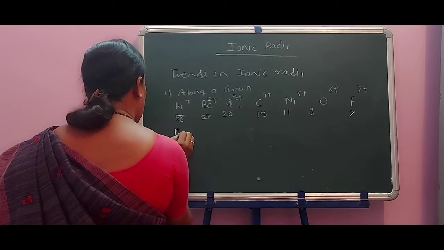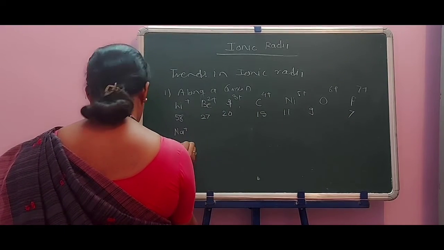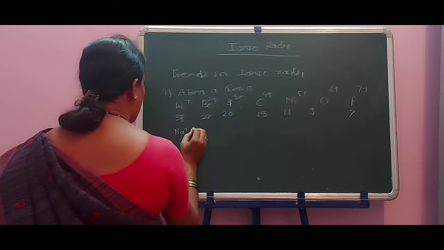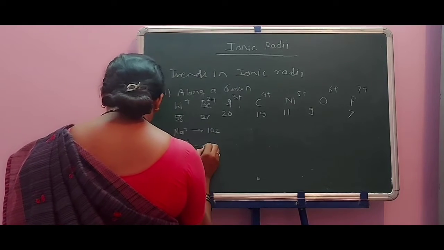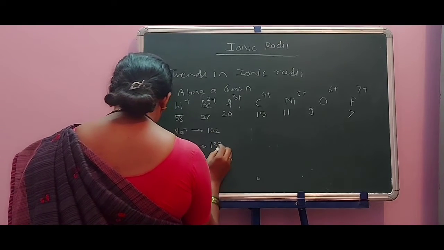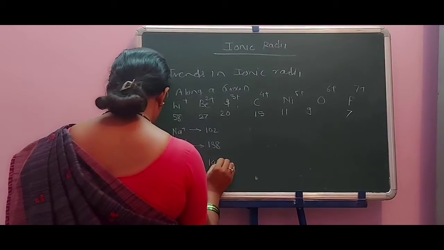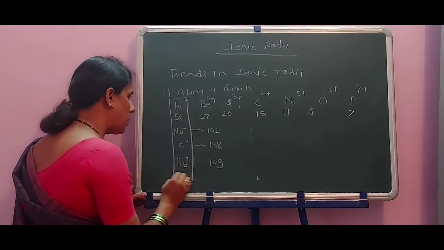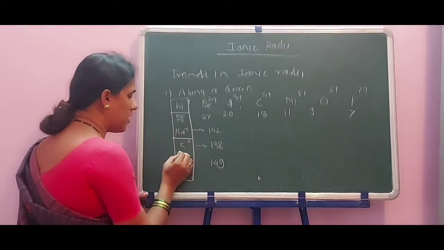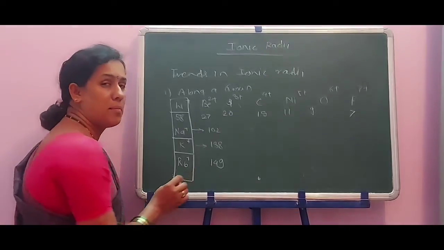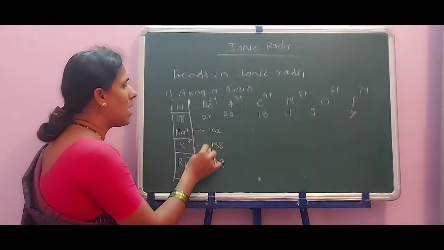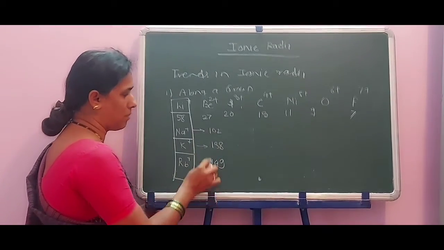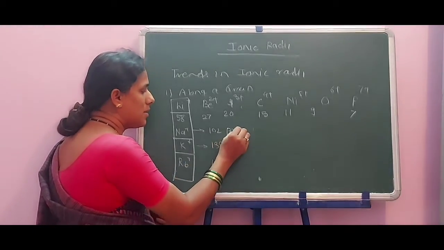Going along a group, Na plus, K plus and Rb plus, the values are 102 for sodium, 138 for K and 149 for rubidium. Along a group, from lithium to sodium, potassium and rubidium, the values go on increasing from top to bottom. These values are expressed in picometer.